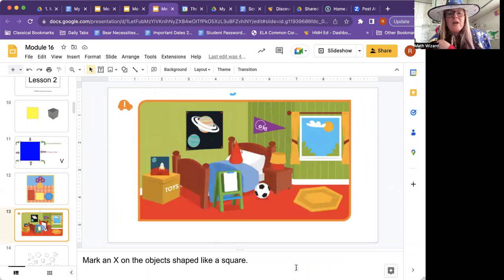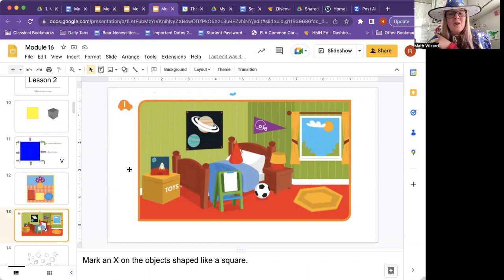Okay. You're going to mark an X on the objects that are shaped like a square. Now, this box that says toys, this box has a square here and a square here, but is it two-dimensional flat? Nope. So it's called a cube.